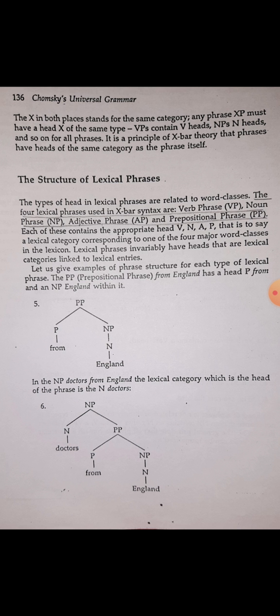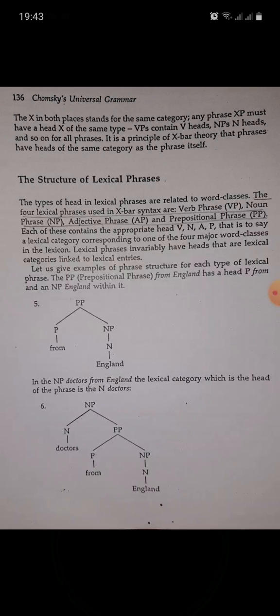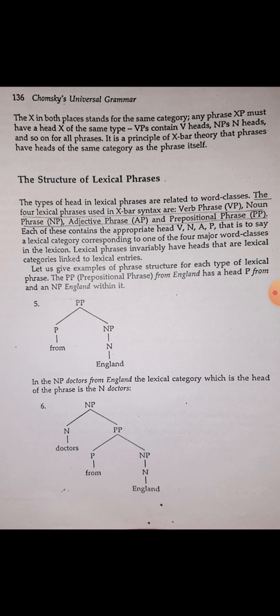So this is how we can say that there are no sisters, because we find no elements which are on the same level of analysis. This phrase doesn't have any sisters, because doctors is on another level, and from is on another level, and England is on another level.